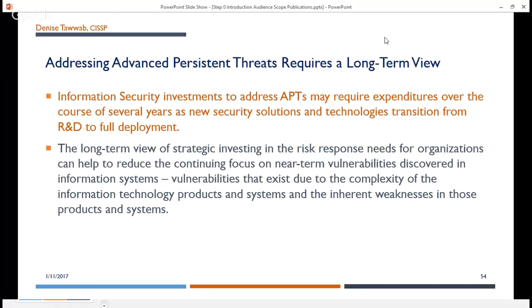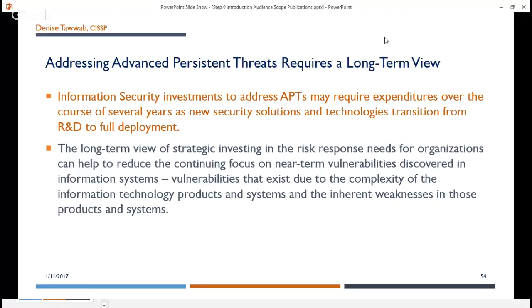So addressing advanced persistent threats requires a long-term view. Information security investments to address APTs may require expenditures over the course of several years as new security solutions and technologies transition from research and development into full deployment.